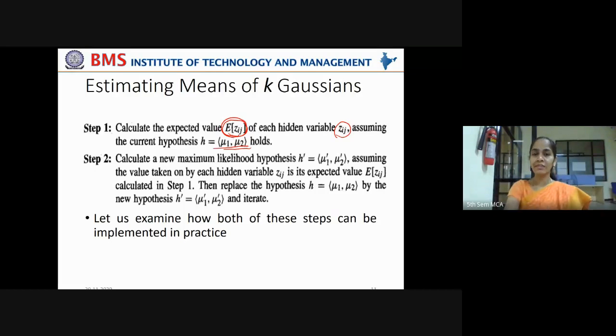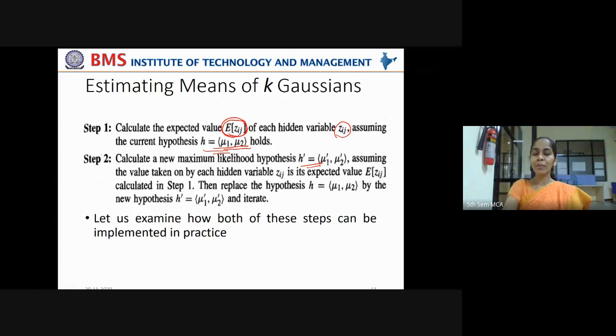Now what is your second step? These expected values we have to check. Calculate a new maximum likelihood hypothesis h dash. Your old hypothesis is h equal to mu1, mu2, the means of both distributions.